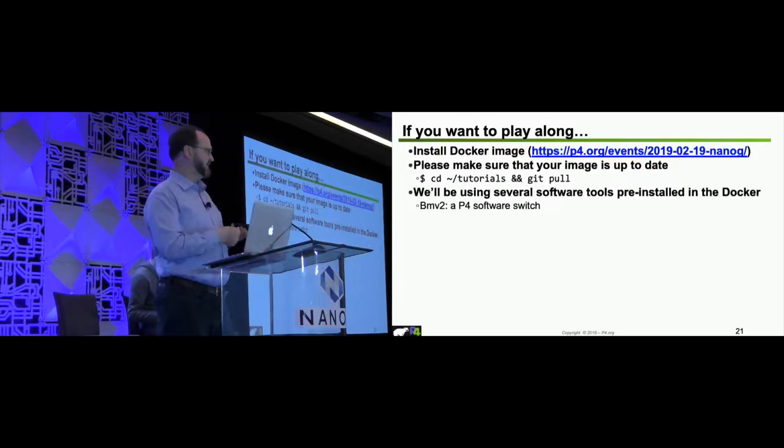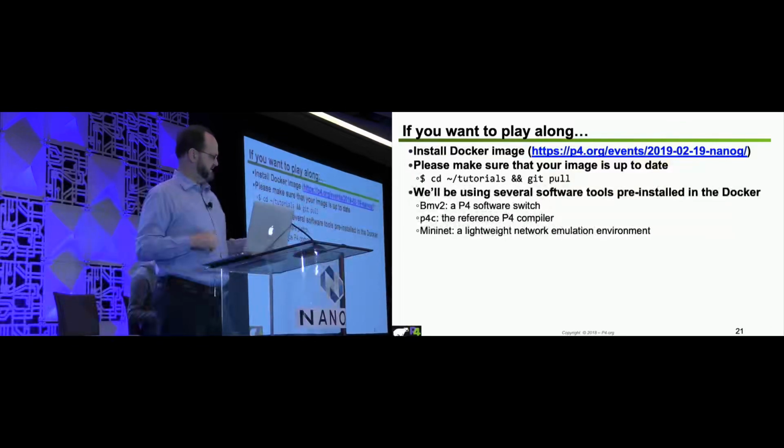BMV2 is short for Behavioral Model version 2. That's a software switch, something like OVS, for those who've heard of OVS, except it's not targeted at high performance or production. It's targeted for debugging and developing your programs and running arbitrary P4 programs. So that's the reference compiler. It installs a precompiled binary for that.